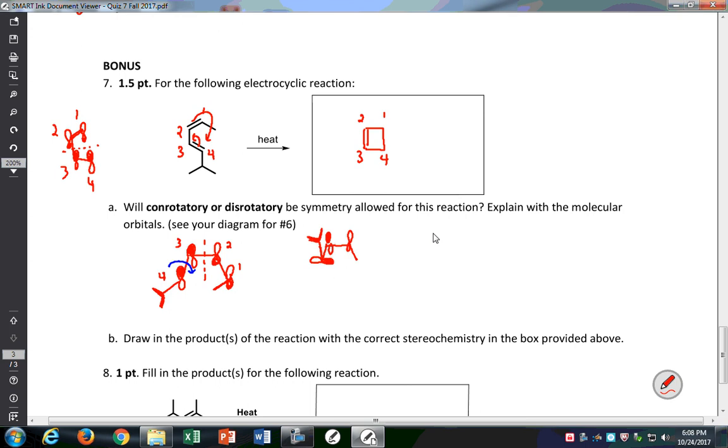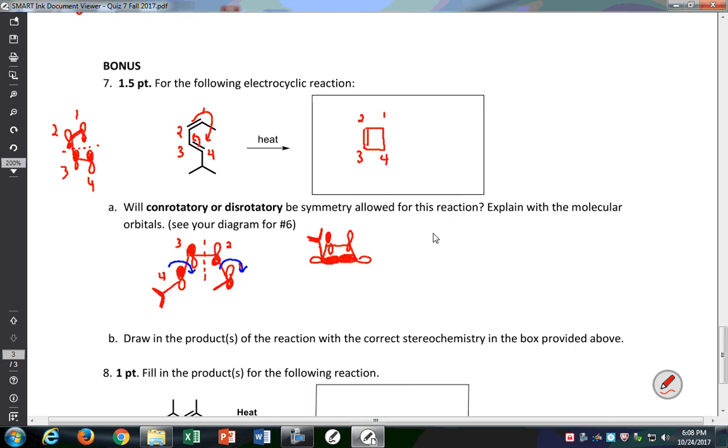So here's my thumb. I rotated. Now it's up. You see that? So which direction do I need to rotate this one in so my red can overlap? I also have to rotate it clockwise, because then my red can overlap.